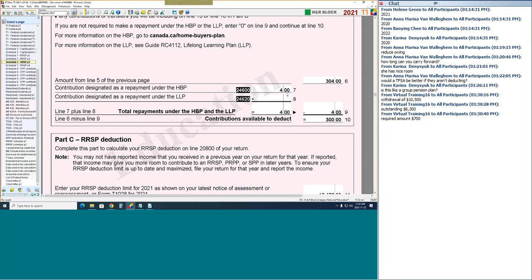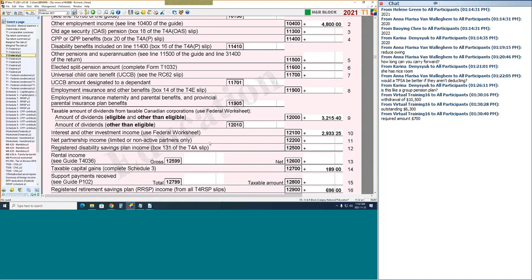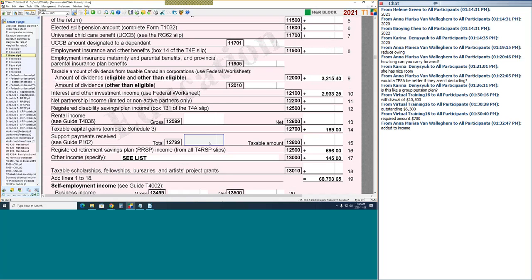She would have a $4 repayment because that's the only RSP she contributed this year. What would happen to the rest of the money that was supposed to be repaid? Where would it go? There it is. The computer will add it to income for you. Okay. So it will do that automatically.